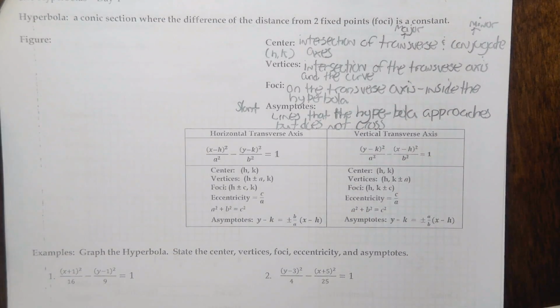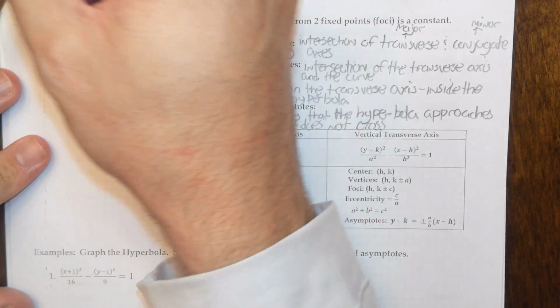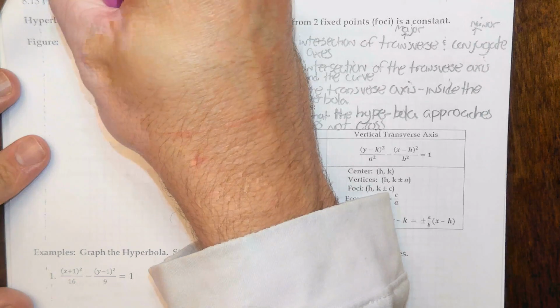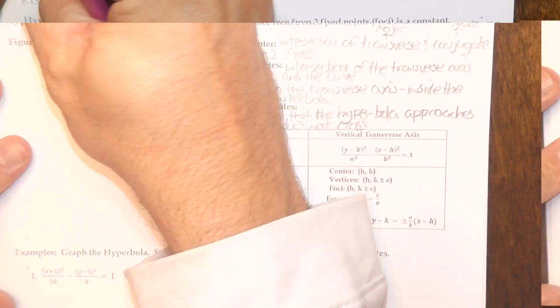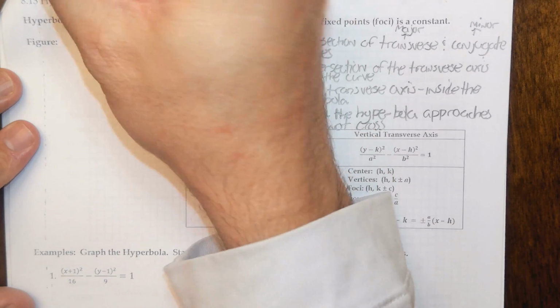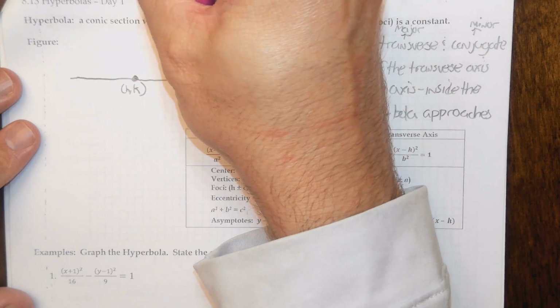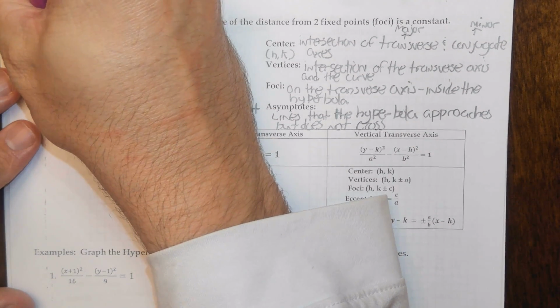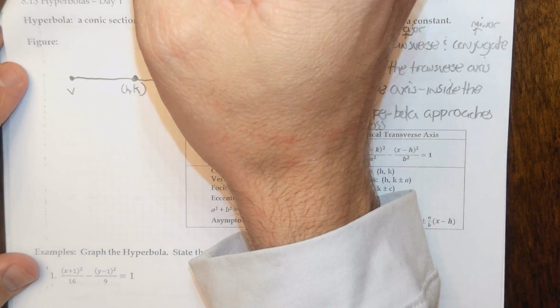All right, so let's give you a picture so you have an idea of what to expect here. Let's just do a point right here in the middle. This is going to be our center right here where we're starting, (h, k). We go both sides here, do the best we can, and at the end of these are going to be our vertices.